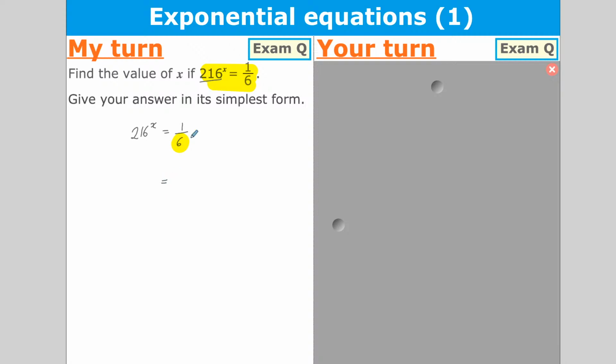On the right-hand side, 1/6 to the power of 1 is easier to write as base 6 to the -1. That's really important. You've just got to know that 1/6 is the same as 6 to the power of -1. Hopefully that's solidified in your mind. This has enabled me to get 6 as the base.